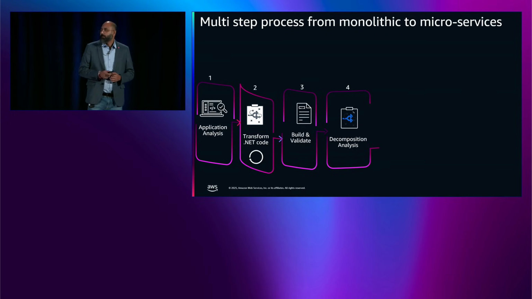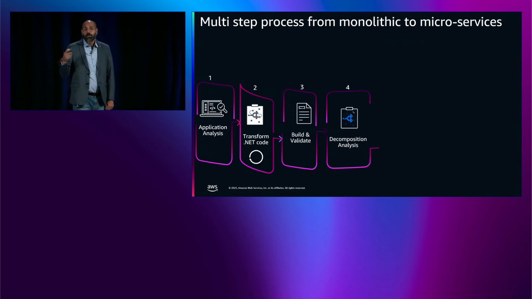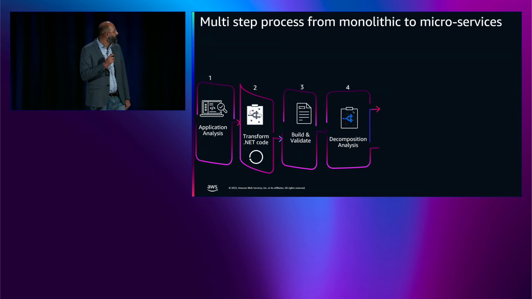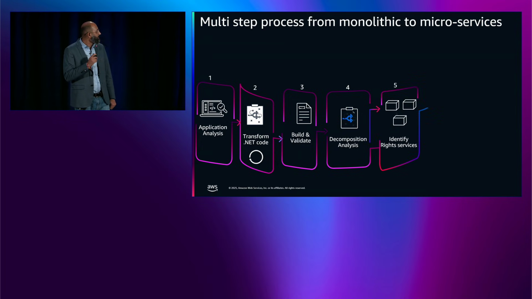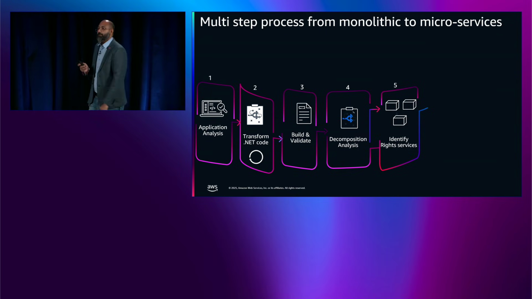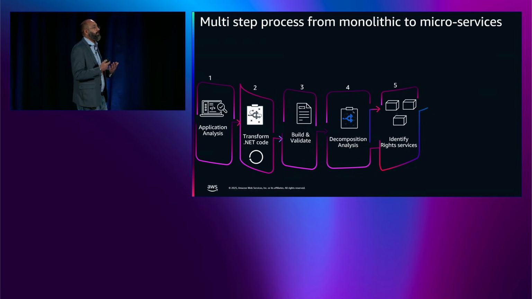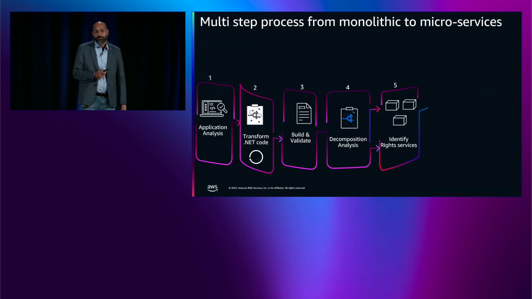We will talk in much more detail about the decomposition analysis and some of the architectural methodologies to perform it. Once my decomposition analysis is done, it provides us an identification of the different services in which this monolithic application could be transformed or decomposed.